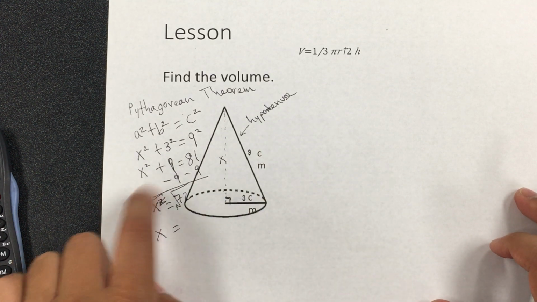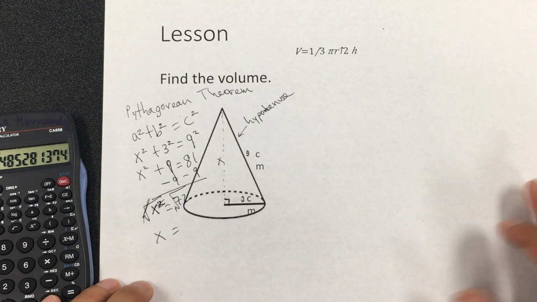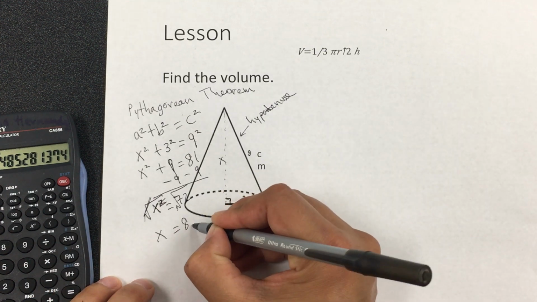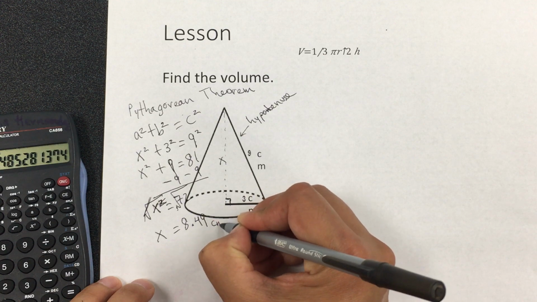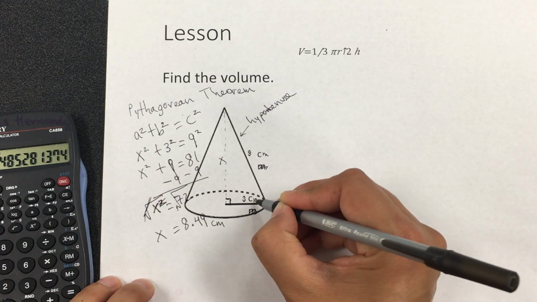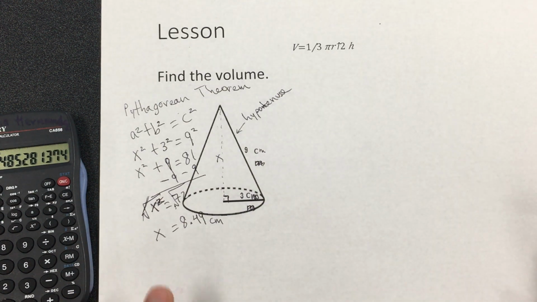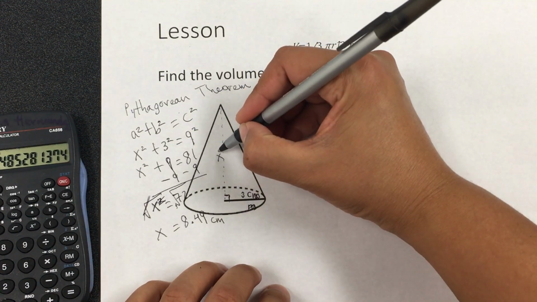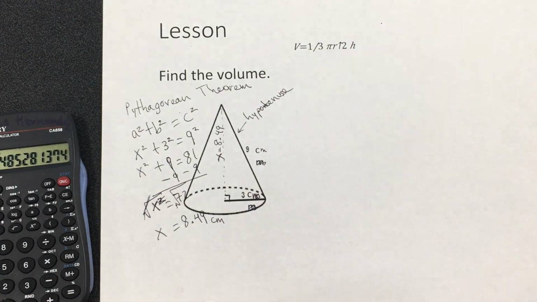So we do it to one side, we do it to the other side. So 72, the square root of that is 8.49. We're going to round it to 8.49. And this is again centimeters, but my computer is doing funky things. Okay. So now we know that this height is equal to 8.49.